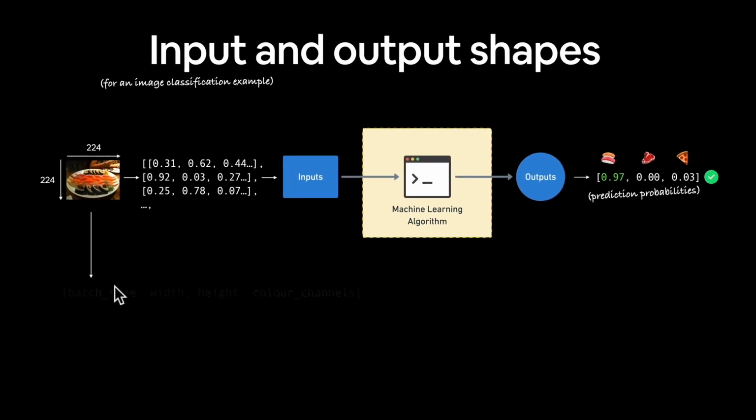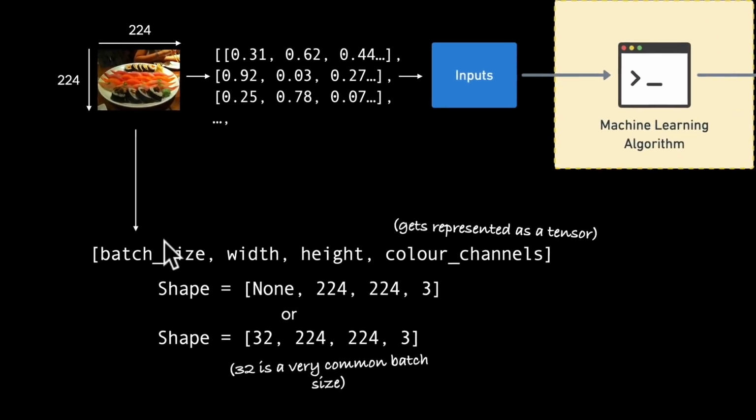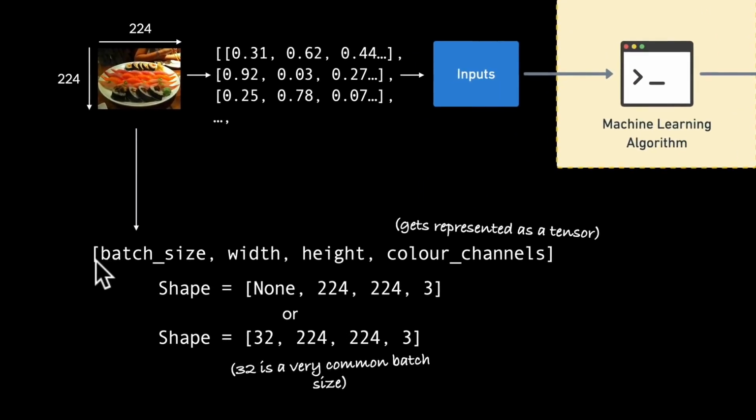Now, let's check out how our image would get represented as a tensor. So here we go. These might be the dimensions of our input tensor: batch size, something we haven't covered yet, but that's all right, we'll see that coming up; width, height, color channels. We have covered these. So the width here is 224, the height here is 224, and the color channels would be 3 for red, green, and blue.